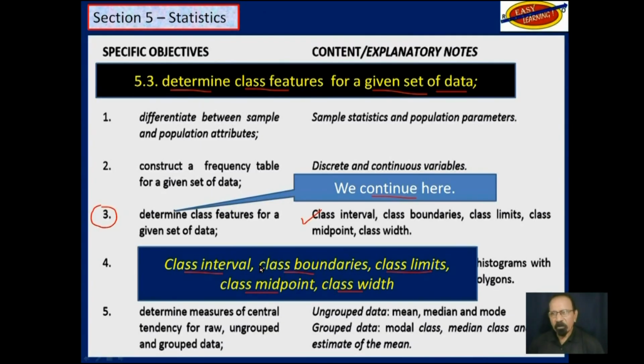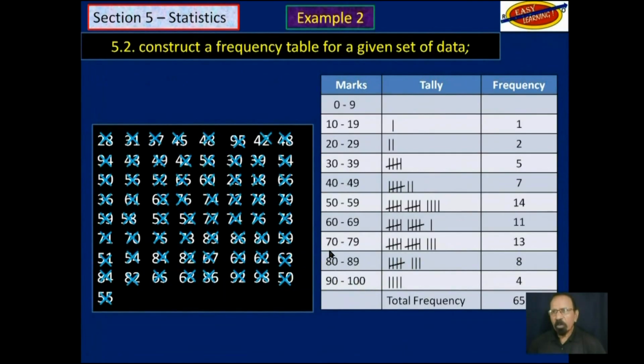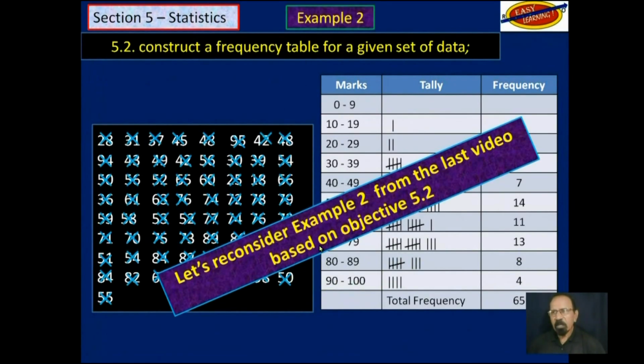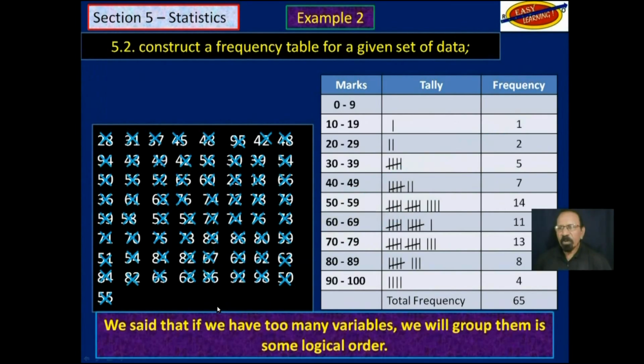By the time we are finished, we would have covered all 5 of them. Recall what we have here. This is example 2 from the last video based on objective 5.2. We said that if we have too many variables, we will group them in some logical order.